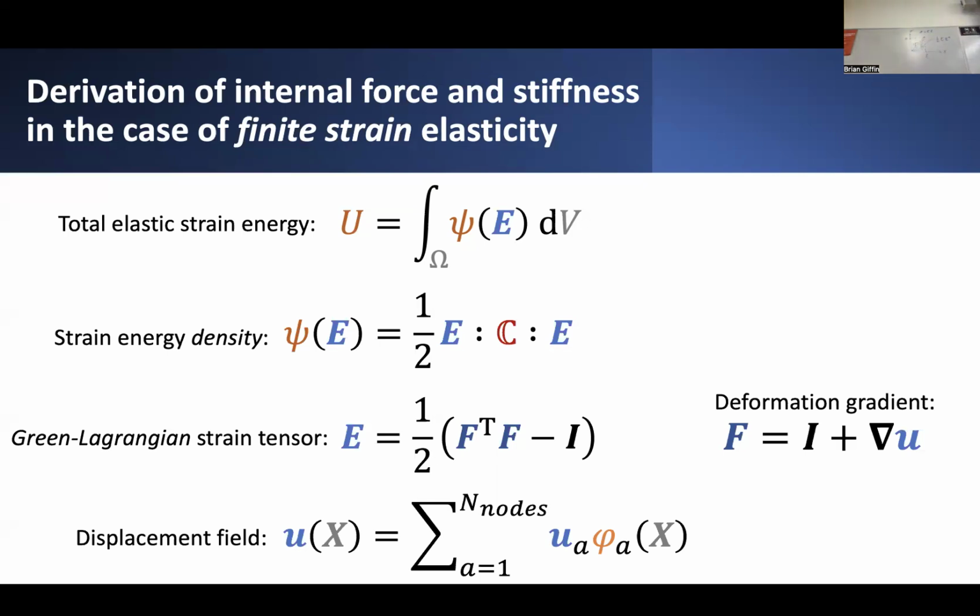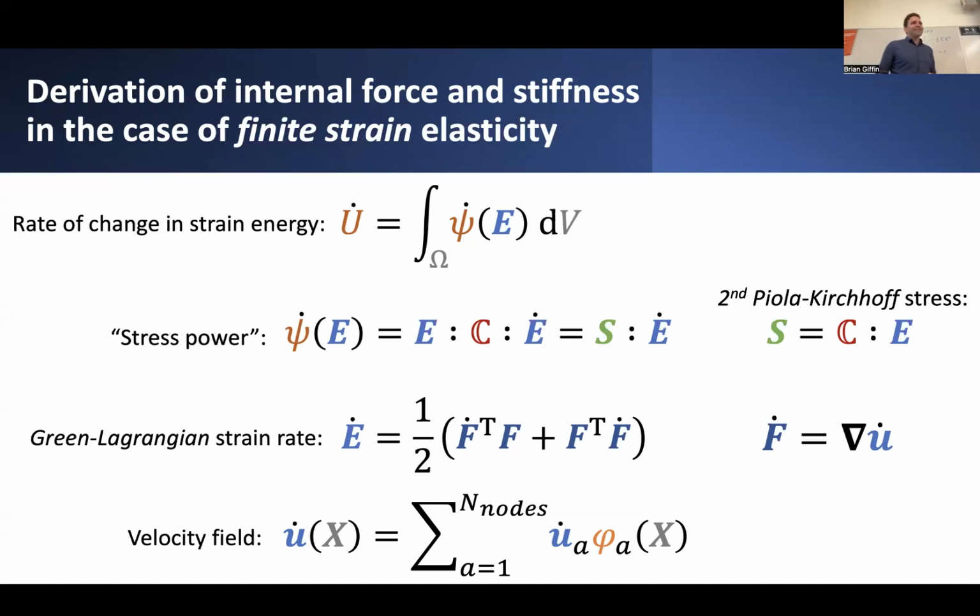And otherwise, we're just going to keep the same elasticity parameters. So that rank 4 constitutive tensor is going to be the same as it was before. So we're really just plugging in this new description of strain, which involves obviously some nonlinear dependence on the displacements. But we can still describe displacements in the same way, using some interpolated description using our finite element basis functions.